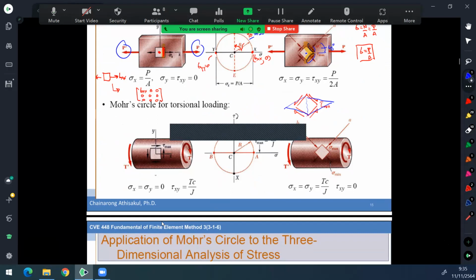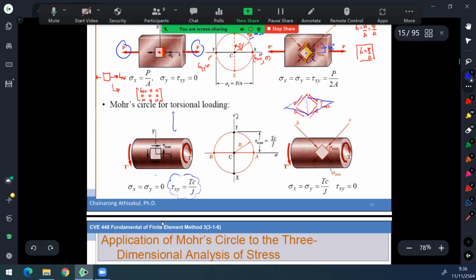You may consider it like a can, the water can. When you twist it, you will see that it may be broken along the direction of 45 degrees, because this is the case of the cylinder subject to torque, the pure torsion, we have just only the shear stress.